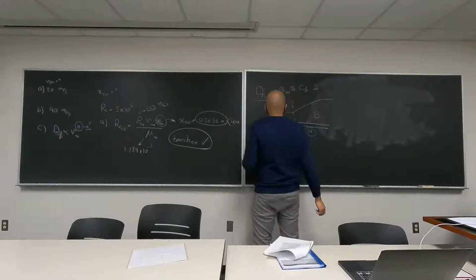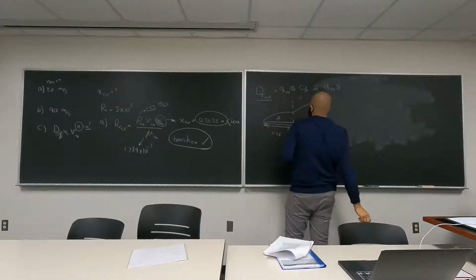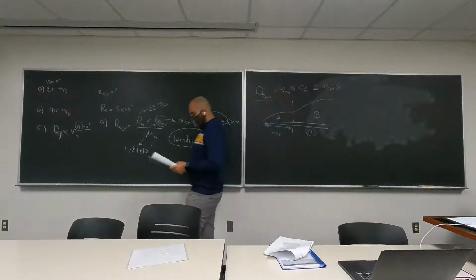What was the friction coefficient formula we had for the turbulent boundary layer?